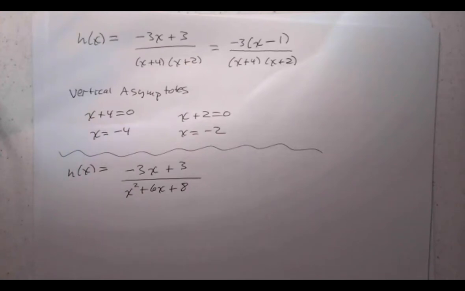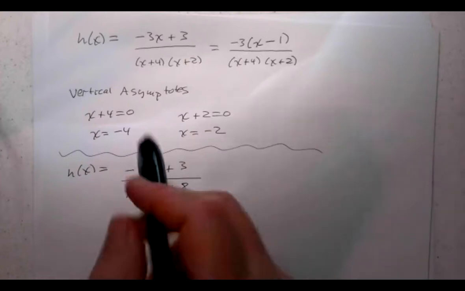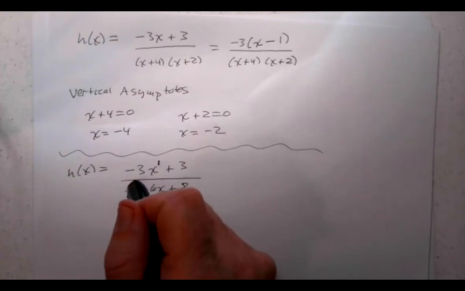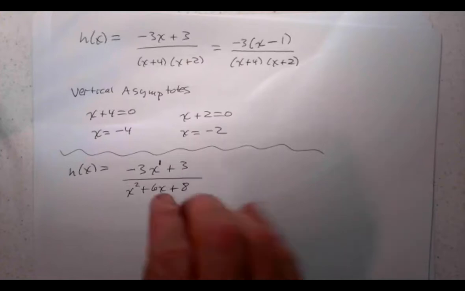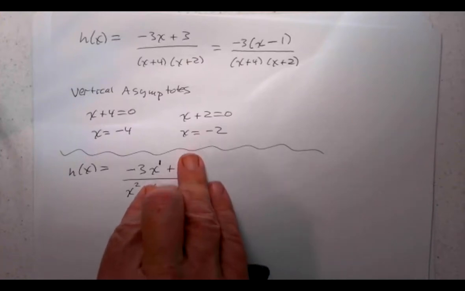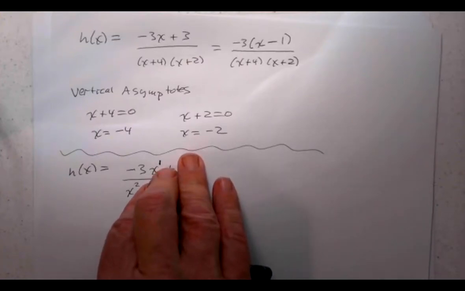The degree of the top, the highest power of the top, is 1. So the bottom is growing a whole lot faster than the top. The way I like to think about this, I think of x about 1,000. 1,000 squared is 1,000,000. So as far as 1,000,000 is concerned, 6,008 is irrelevant. So downstairs it's basically 1,000,000. Upstairs it's basically negative 3,000. That's a very small number.